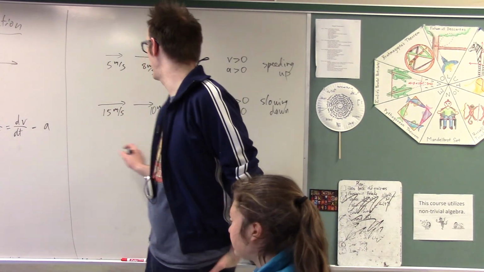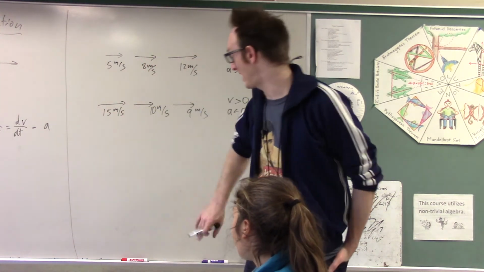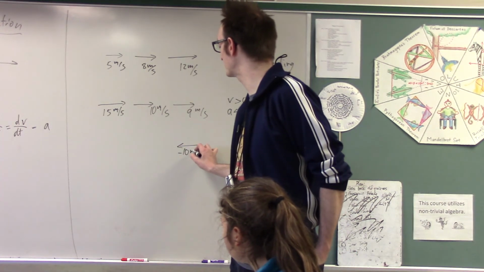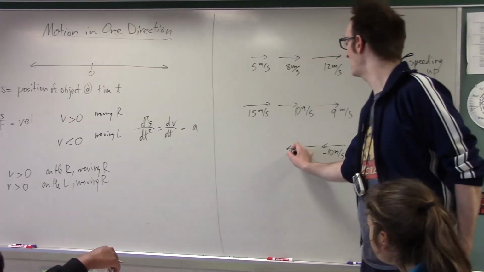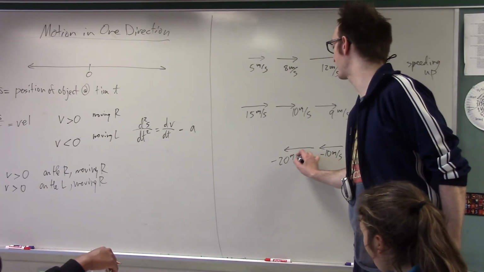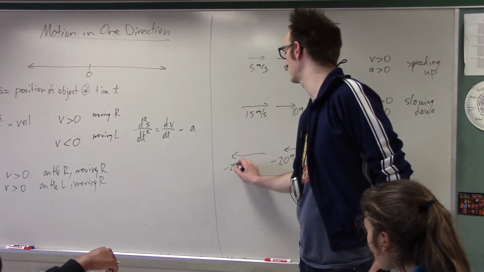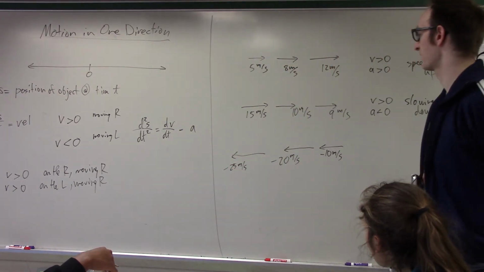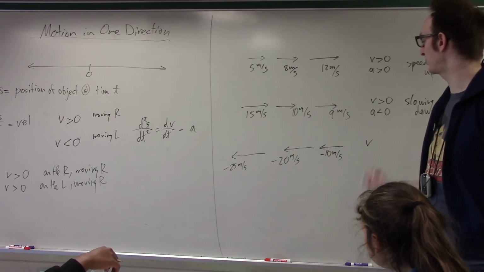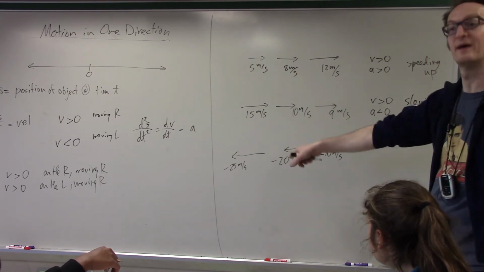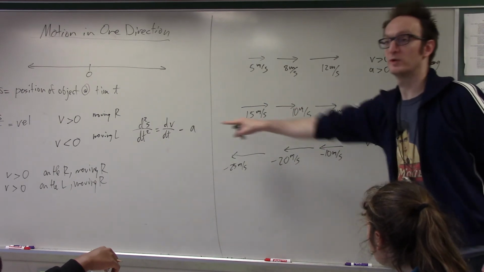Now here's where it gets weird, you have to be careful. What if I'm going, and now I'm going to draw my arrows going the other way, negative 10 meters per second, and then negative 20 meters per second, and then negative 25 meters per second? What is my velocity throughout this interval? Negative, also moving left.